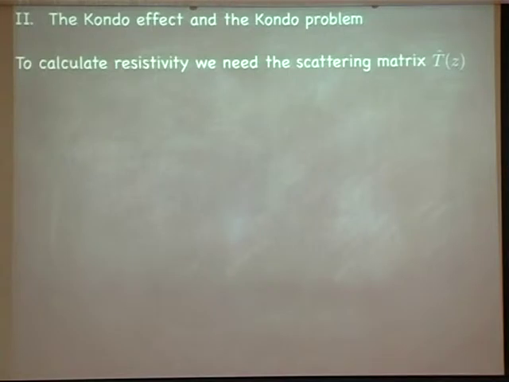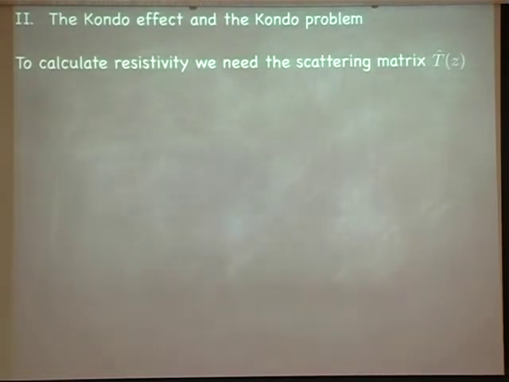Yeah, so let's now become a little bit more specific and try to calculate the resistivity for that model. Now, I hope you have heard a little bit about solid-state physics during your education, and you have heard also about scattering theory, and at some point somebody told you that in order to calculate resistivity in a solid, you have to calculate the scattering matrix from the impurities. I mean, this is in terms of a CPA type of approach.